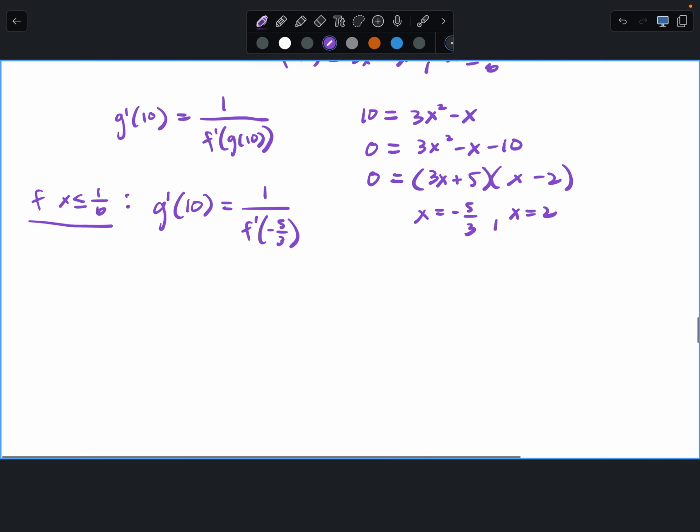Whereas if the function we're dealing with was x greater than or equal to 1/6, g prime of 10 would equal 1 over f prime of 2.